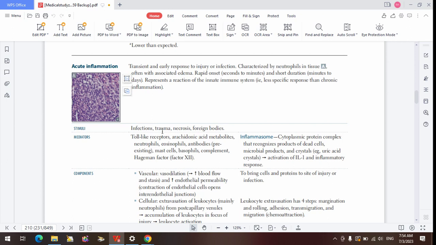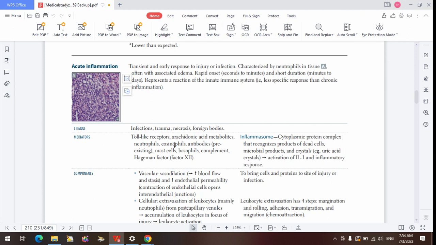Those will serve as damage-associated molecular patterns that can be recognized by the toll-like receptors of the dendritic cells as well as the macrophages, and they will initiate the inflammatory cascade by releasing interleukins that will activate the endothelium and also recruit the neutrophils. Or, depending on the response, recruit eosinophils. They can recruit anything. It just depends on what is causing that inflammatory response.